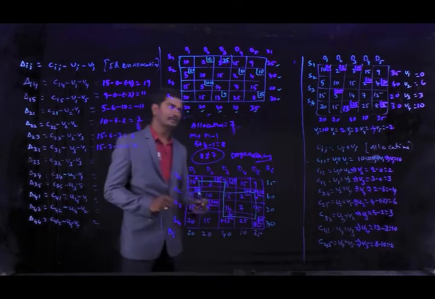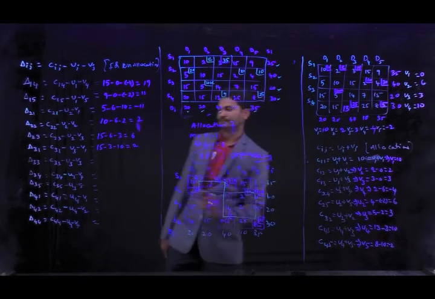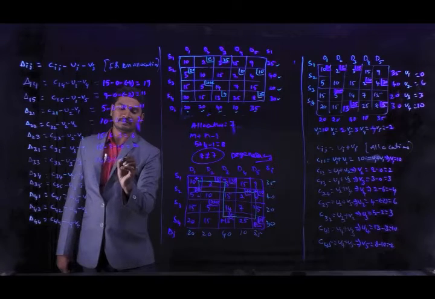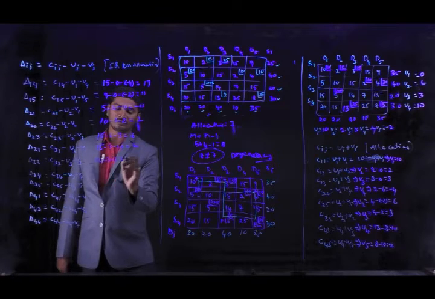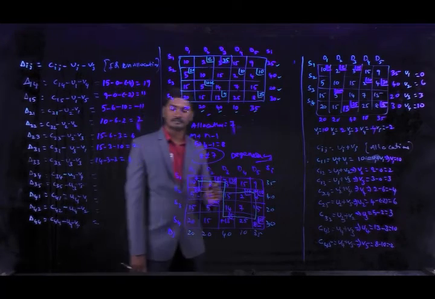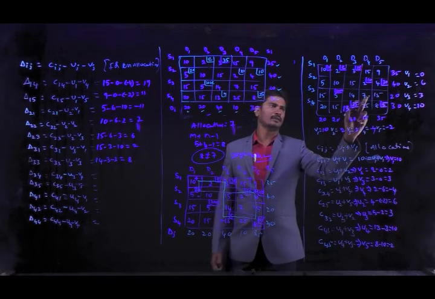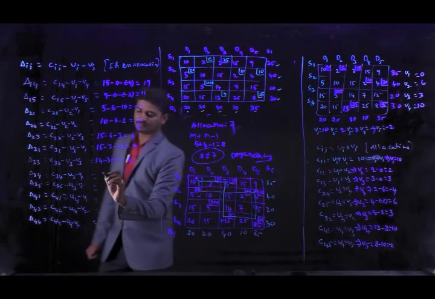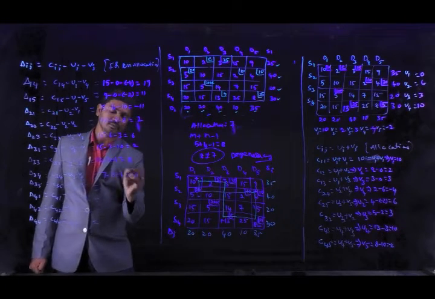Next C33, 14 minus 3 minus 3. From this we are going to get 6 minus 14, that is minus 8. Next at C34, 7 minus 3 minus 4 is equal to 0.